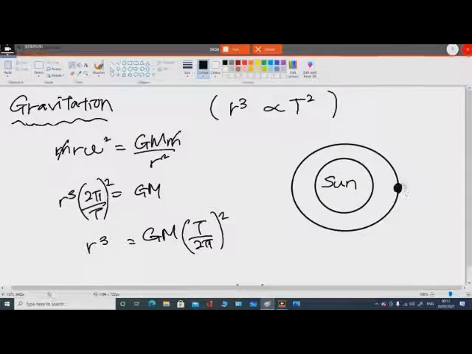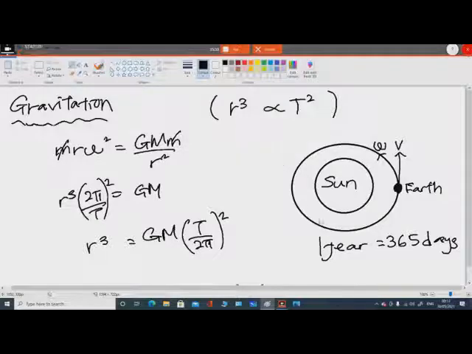We know that our Earth is always orbiting our Sun, with linear speed v and angular velocity omega. So we know that our Earth is always orbiting the Sun for 1 year, which is 365 days.